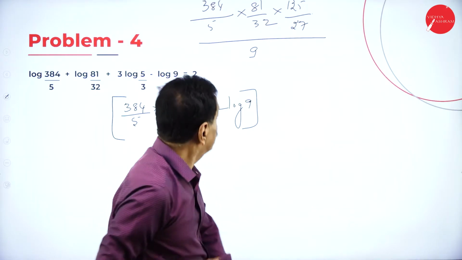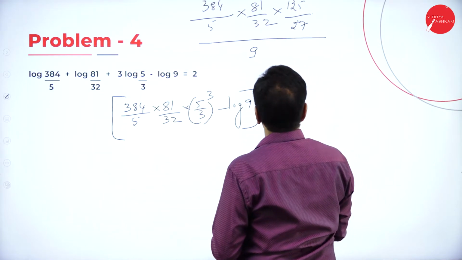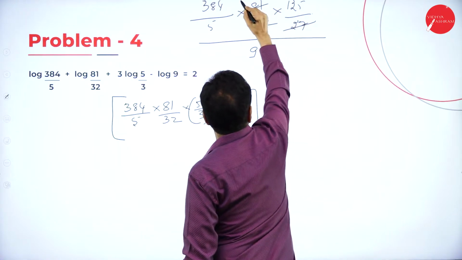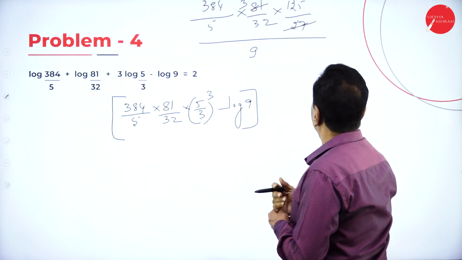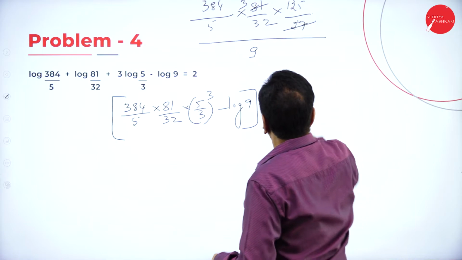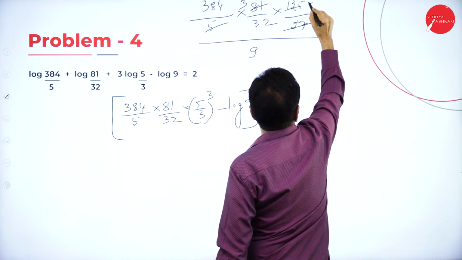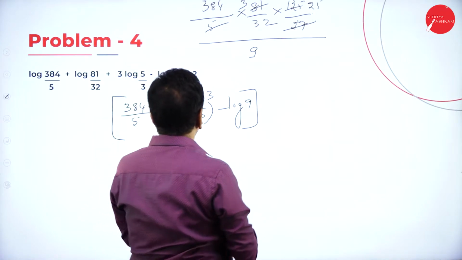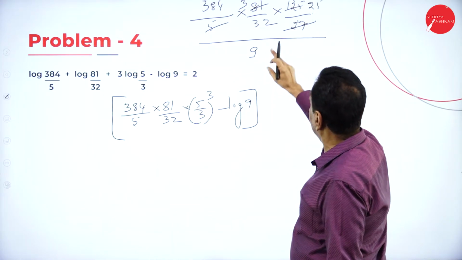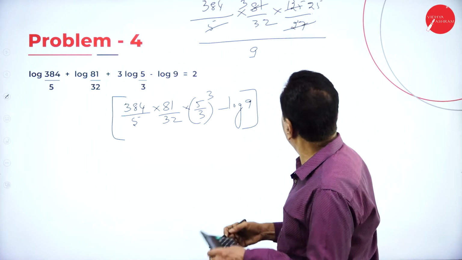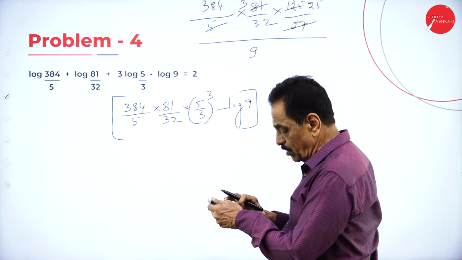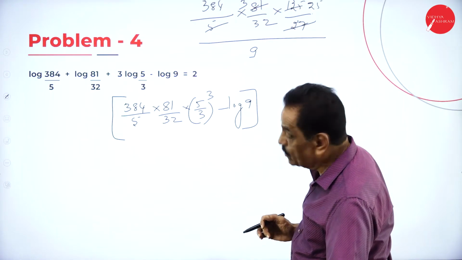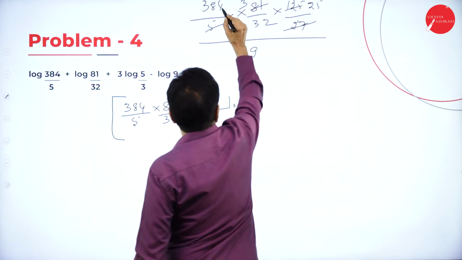Simplify this. So 81 is there, 27 threes are 81, 32 is there, 5 twos are, 5 fives are 25 is there. Then 384 divided by 32 is equal to 12. 12 twos are.